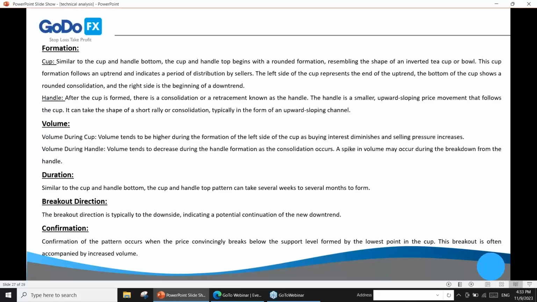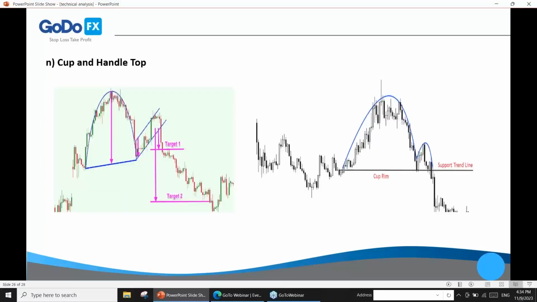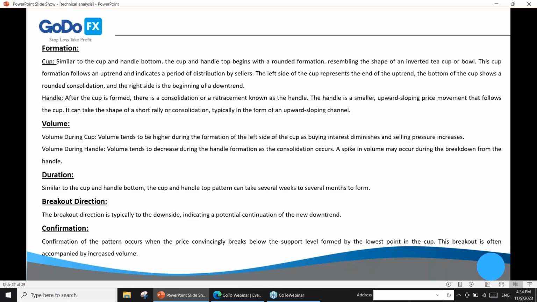And the confirmation of the pattern occurs when the price convincingly breaks below the support level formed by the lowest point in the cup. And this breakout is often accompanied by increased volume. So once the chart is going to break out the support line, we're gonna have a very high volume.